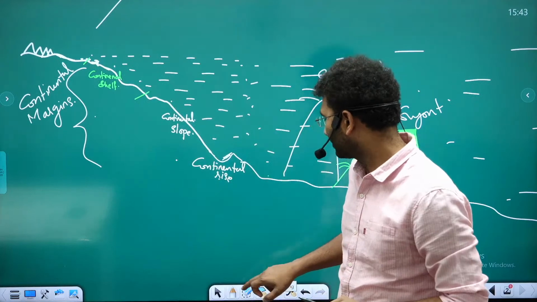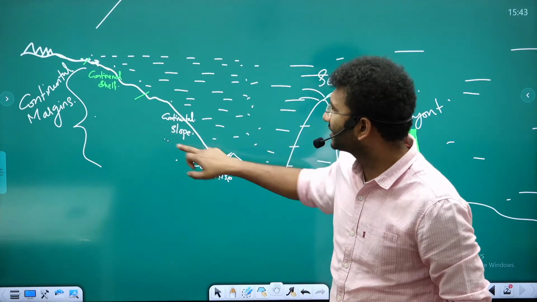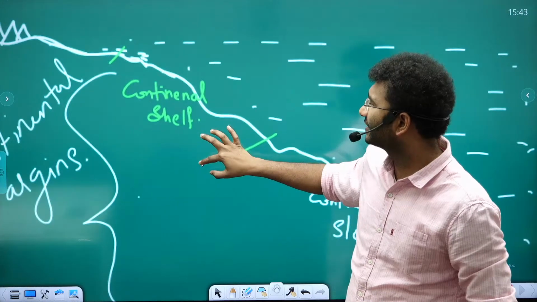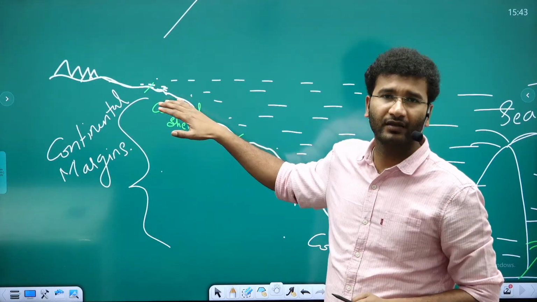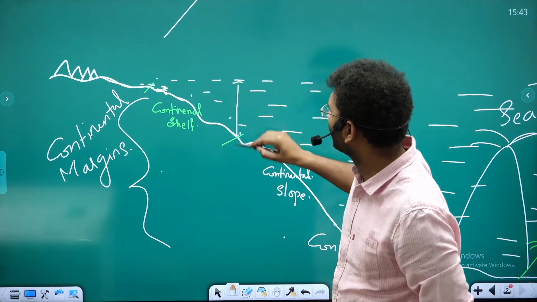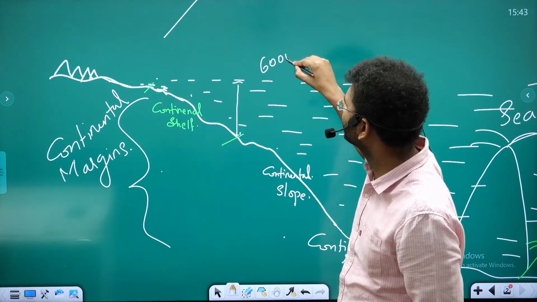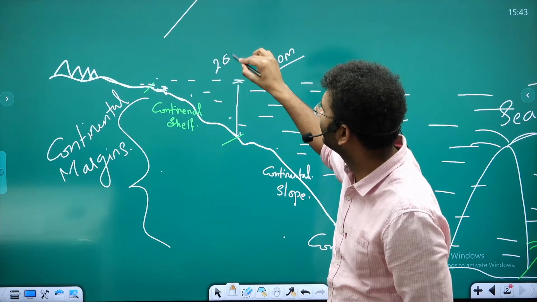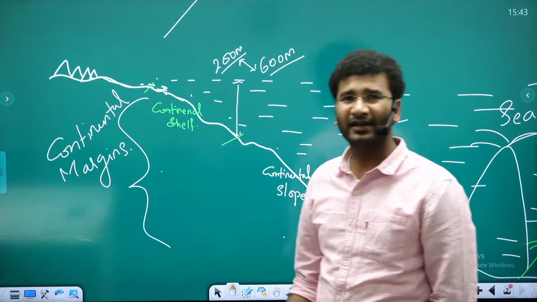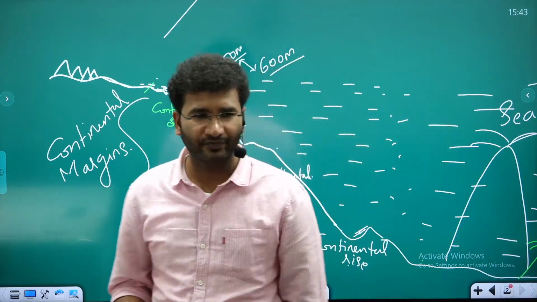So look here, broadly speaking, the same continent is extended into the oceanic floor. Now the depth can vary between 600 meters and 200 meters. Sometimes 30, 40, 50 meters also, right?